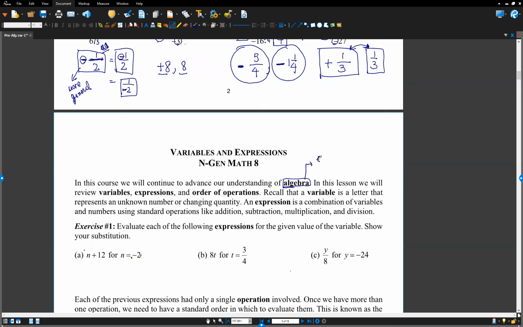One is an expression, with no equal sign, just expressions. When you add plus two, that is an expression, including what? Letters, and this letter we call what? Variables. Variable. Okay. So a variable and some constant number.